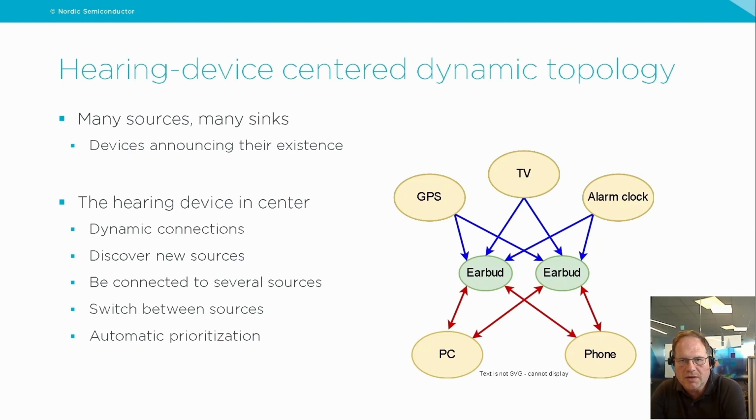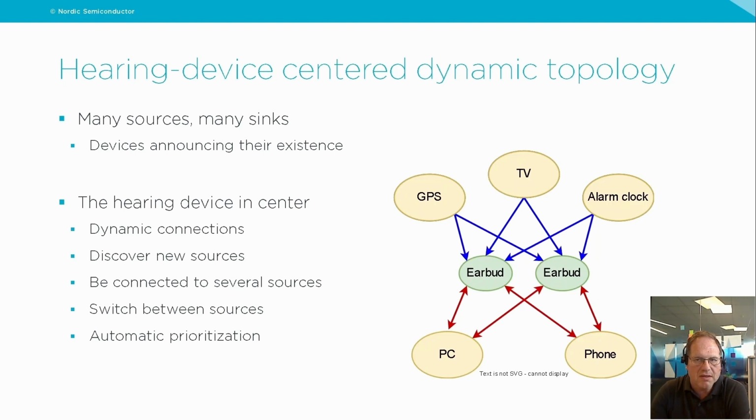The topology of LE audio is also designed to be very dynamic and to have the hearing device in the center. There will be many sources and many sinks, and these devices will announce their existence and their availability for audio using advertising.